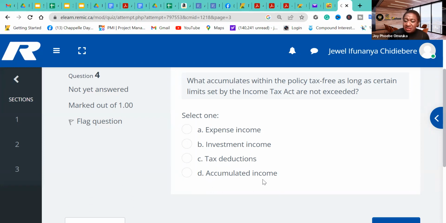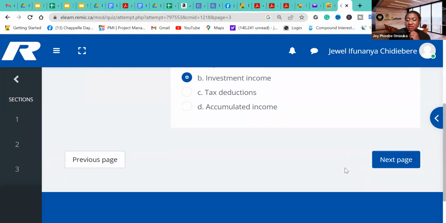No. Accumulated income. It's between B and D. Investment income, accumulated income. You see that most of the time with this. Investment income is income from the investments, but again, they are accumulated, right? I'm going to go with investment income, my gut, and then we'll see at the end.